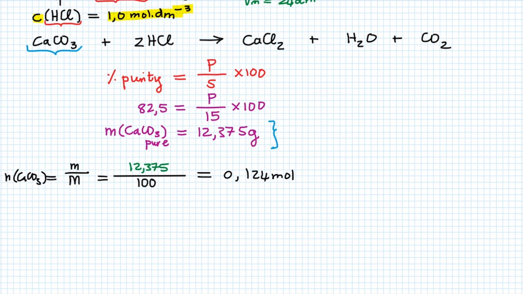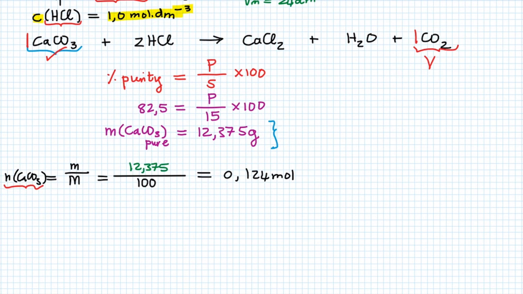We're not done yet. We would like to determine the volume of the carbon dioxide produced. We are looking for V of the carbon dioxide. So now, since we have the number of moles of calcium carbonate, we can say the calcium carbonate's ratio is 1. The amount of carbon dioxide that will be produced when 1 mole of calcium carbonate reacts is 1 mole.